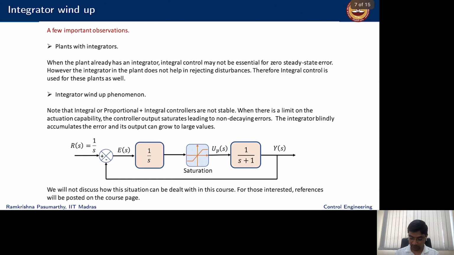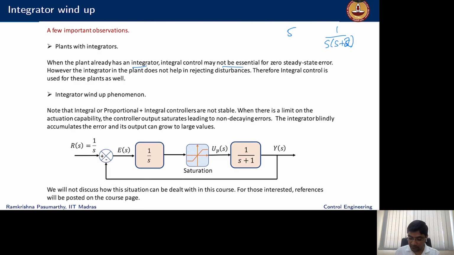the effect of disturbance. A few important observations here: when the plant already has an integrator, like we saw in one of the earlier examples, 1 over s plus 2 was the plant, 5 was the controller, integral control was not necessary for zero steady state error.